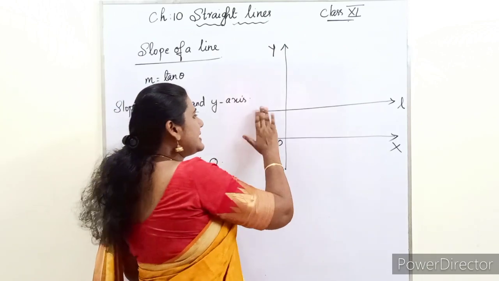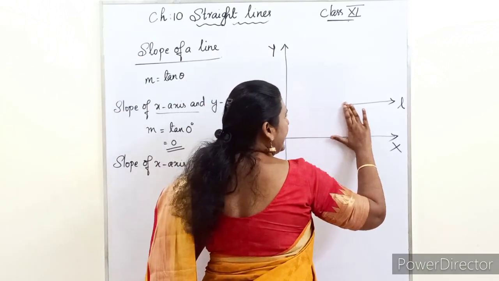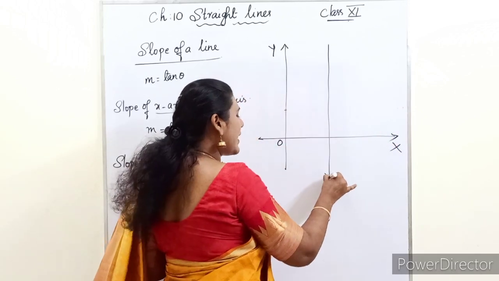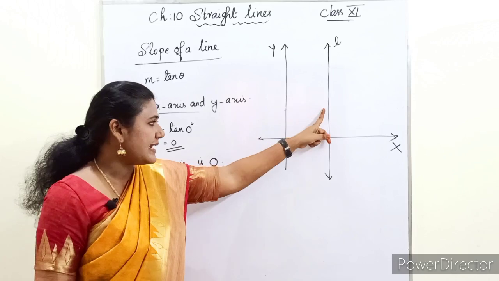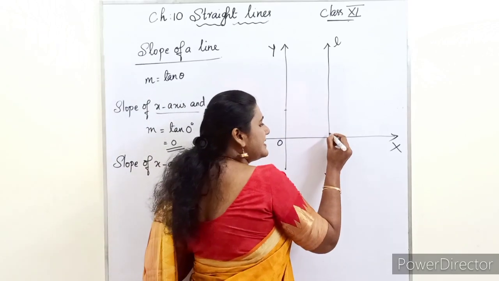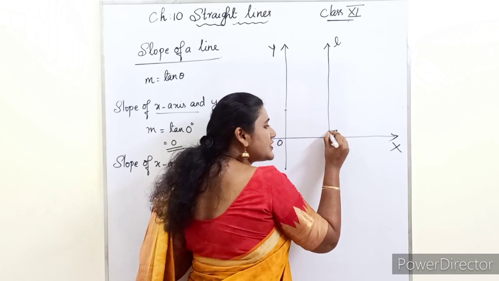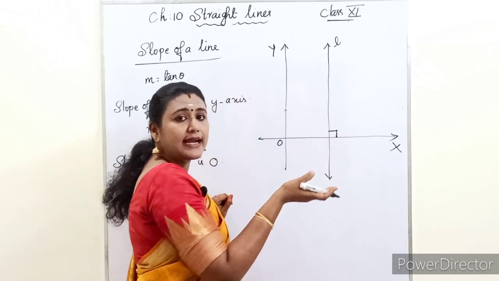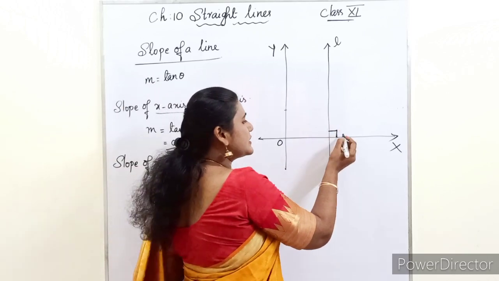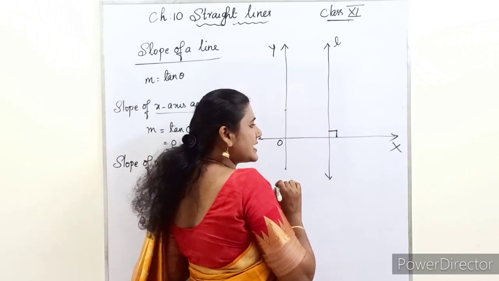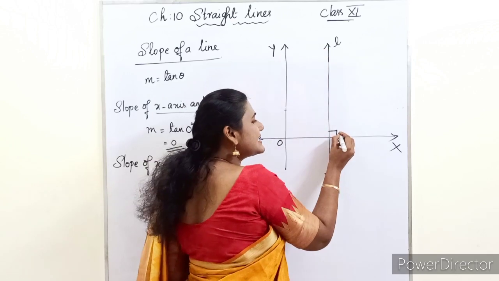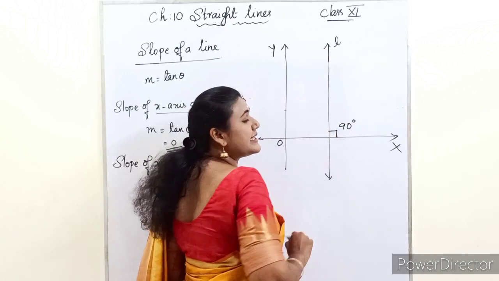Now let us consider another line L which is parallel to y-axis. In this case, what is the inclination? Inclination is the angle made by the line with the positive direction of x-axis measured in the anti-clockwise direction. So if a line is parallel to y-axis, this angle will be 90 degree.